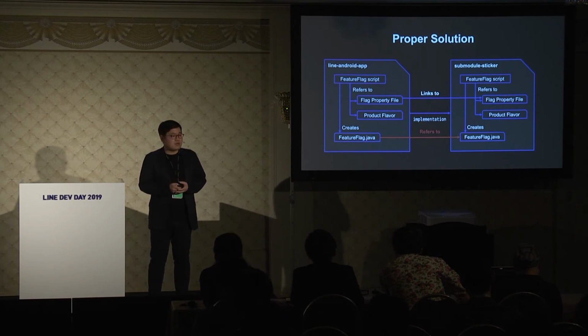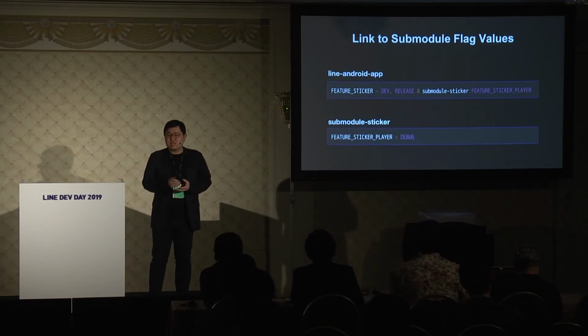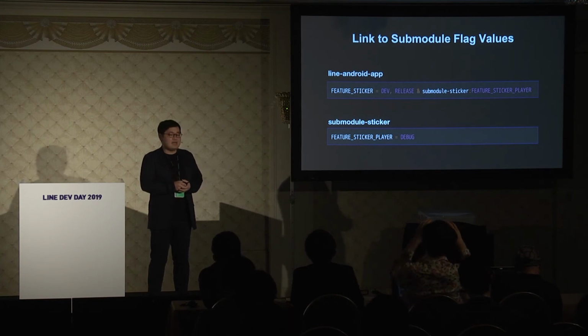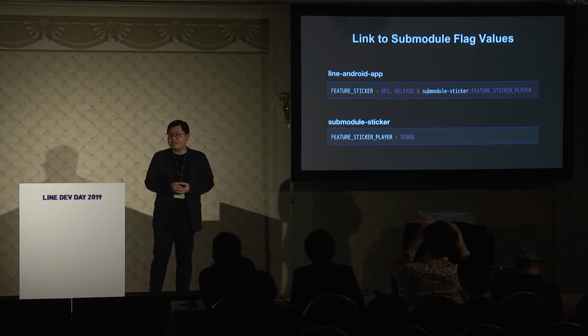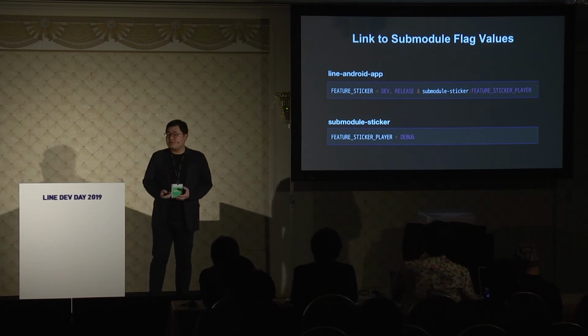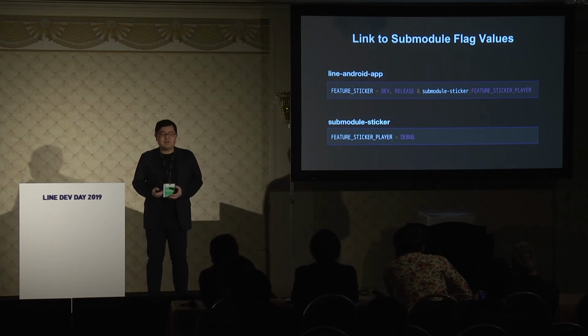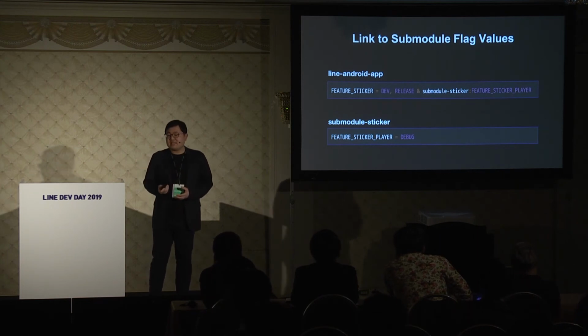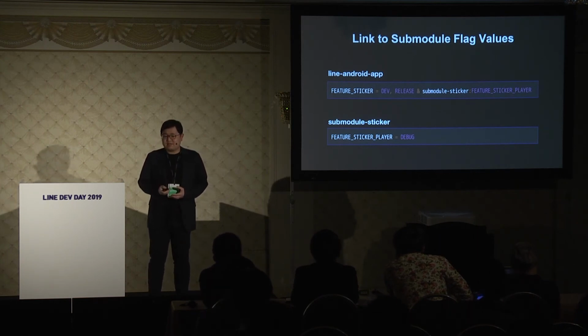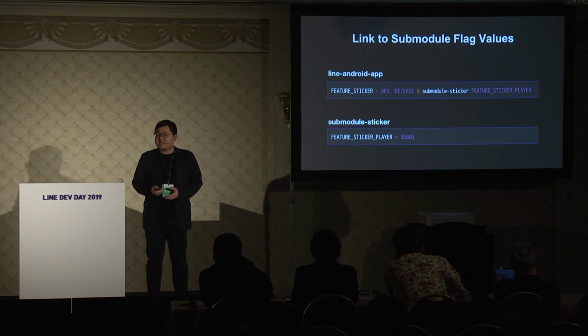So let's take a look at how these values are created. The link is expressed as which submodule's flag should be referred to. So in this property, the feature sticker flag, the submodule sticker flag, and the feature sticker player flag would have the link in this case.